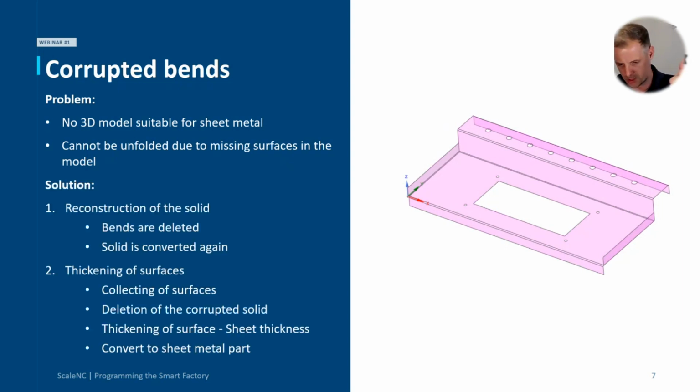My solution, step number one, was I reconstructed the solid, deleted the bends into sharp edges, converted these again with this convert button into a sheet metal part, which leads to that I was able to unfold it.